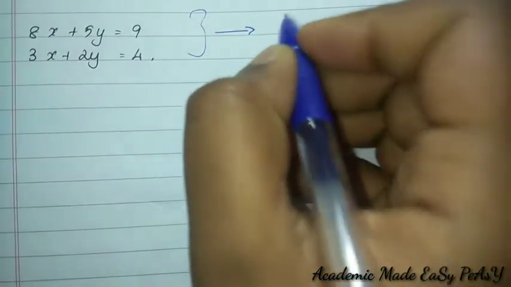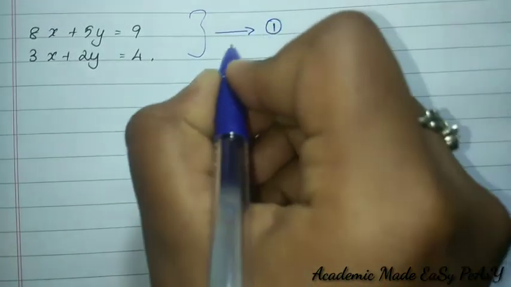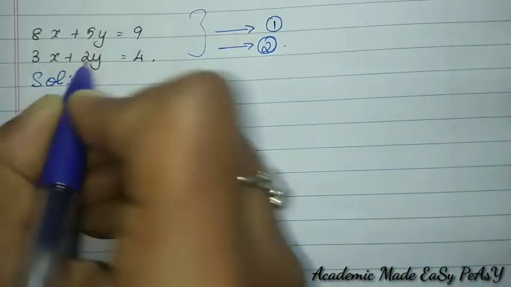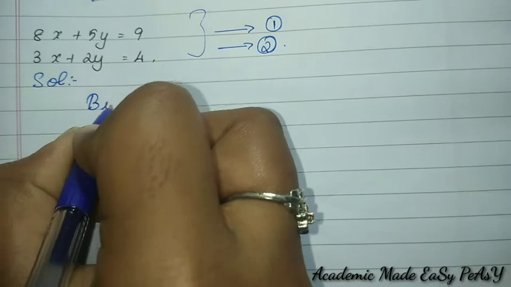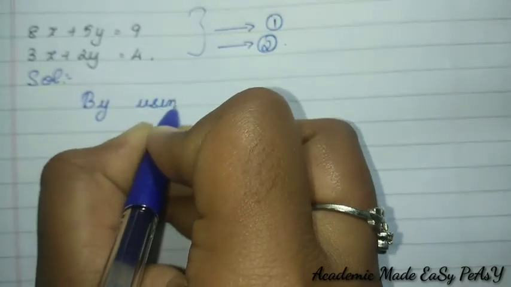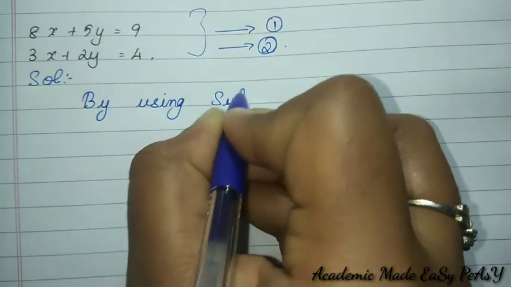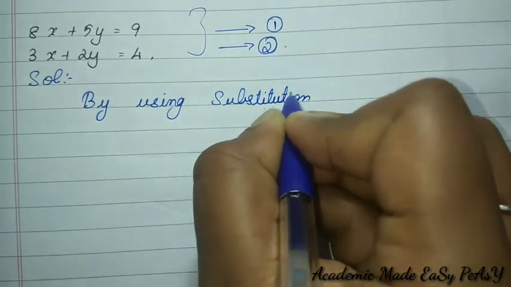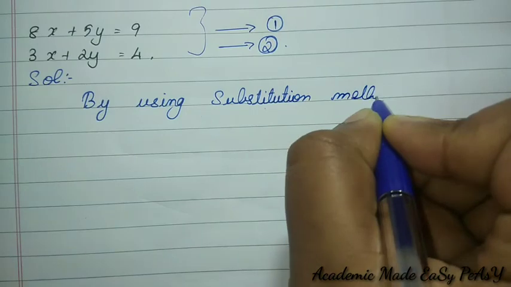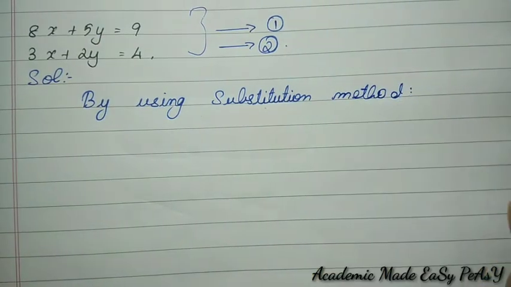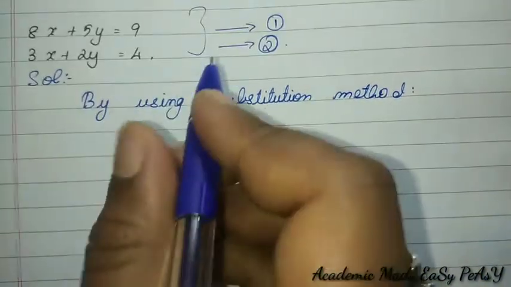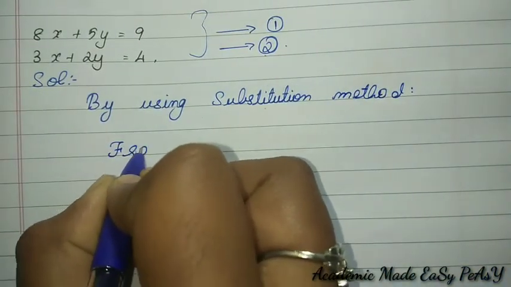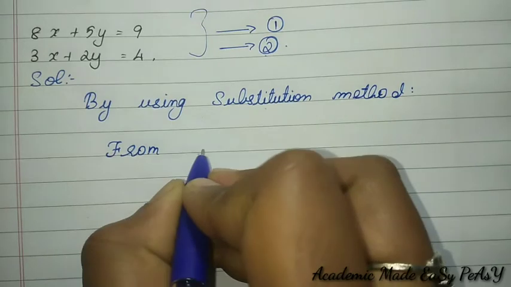First let us do substitution. Let us have this as equation 1 and equation 2. Solution: first, let us use the substitution method. By using the substitution method, let me take equation 2, so as to have one variable in terms of the other variable.